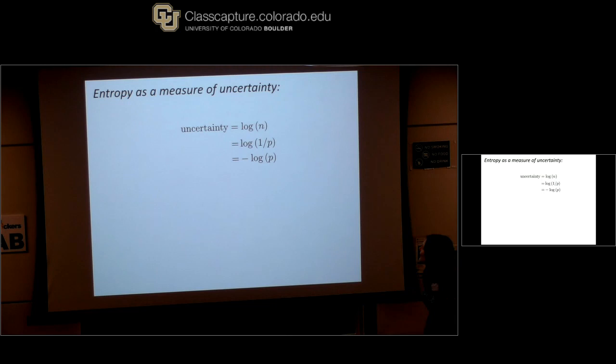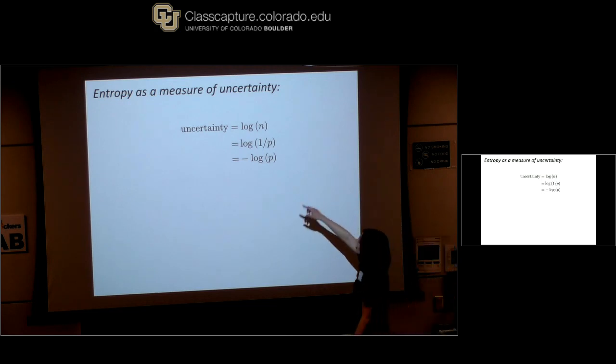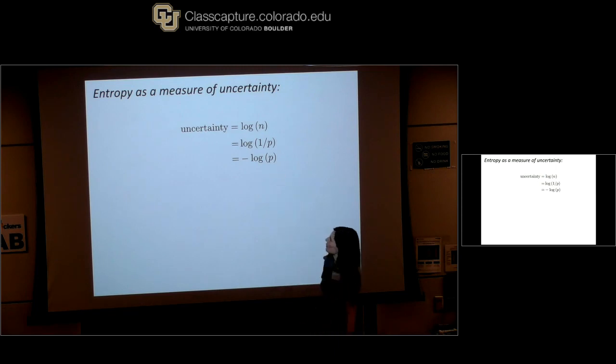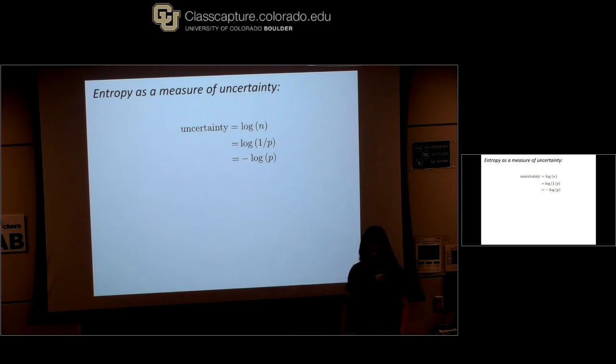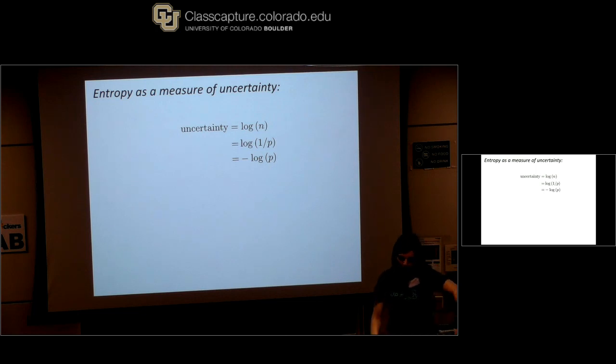Okay. So the log of n, if it's a fair die, is just 1 over the probability. That's where we said 1/6. So then we can just take the minus out in front, minus log p. Now we might not have a fair die.